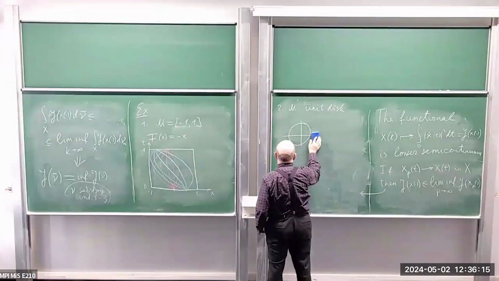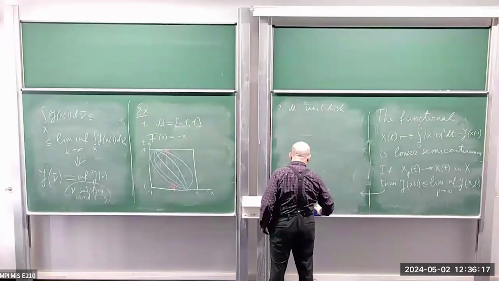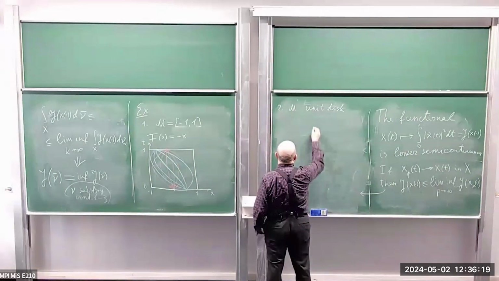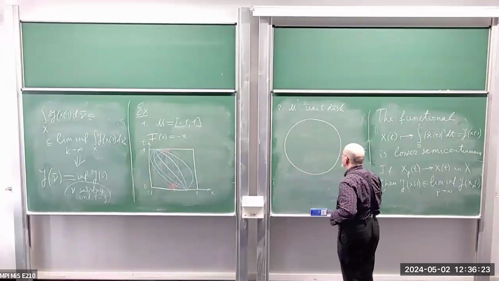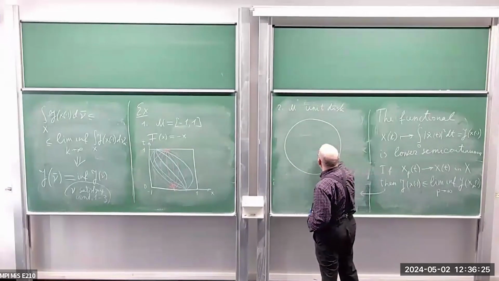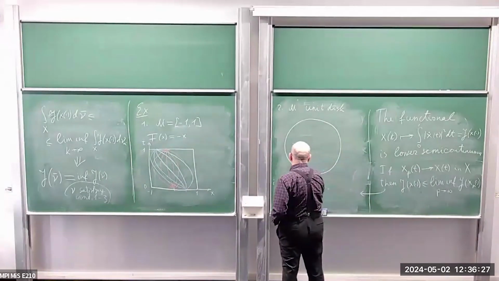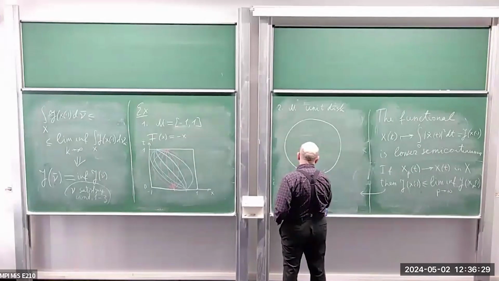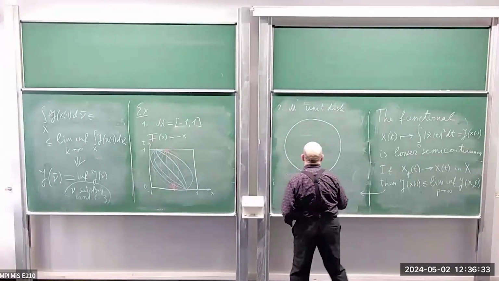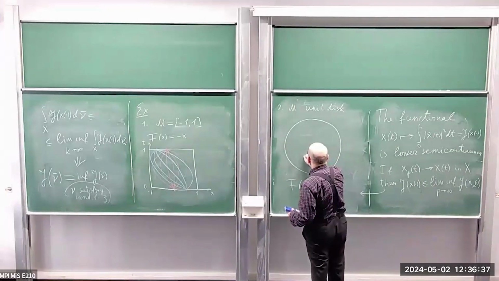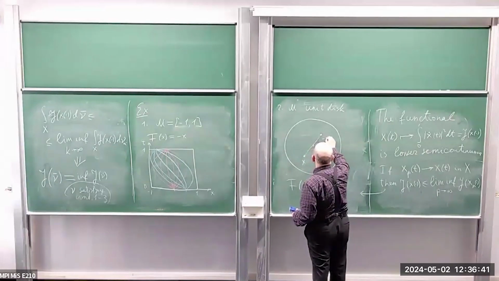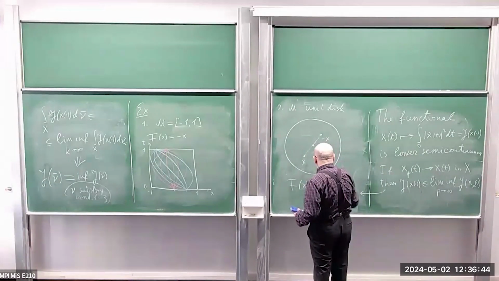I need a lot of information. F of x equals minus x. Again, it is the antipodal map, x to minus x.